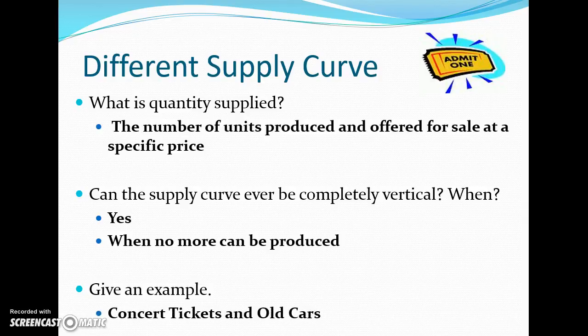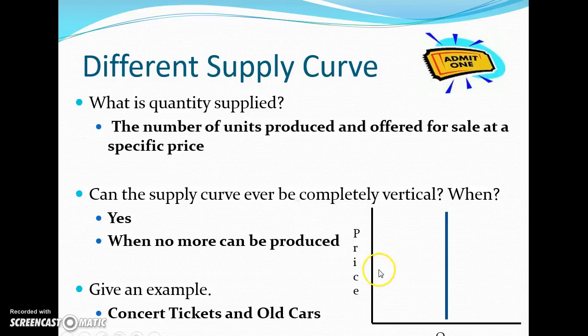They can't produce any more. There's not going to be any more made. So diamonds are a good example. Concert tickets, old cars, those are things that have a completely vertical supply curve. Now if you look here on the bottom right, the quantity supplied is always the same, no matter what the price is.